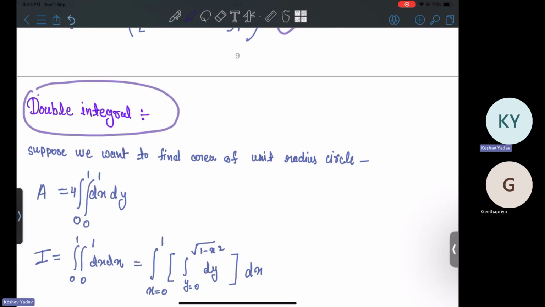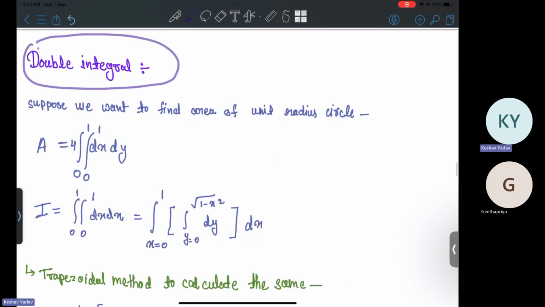Now we'll go for double integration using the numerical method. What we do basically in double integration is take a small area dx dy, and if we want to find the area, we double integrate dx dy.